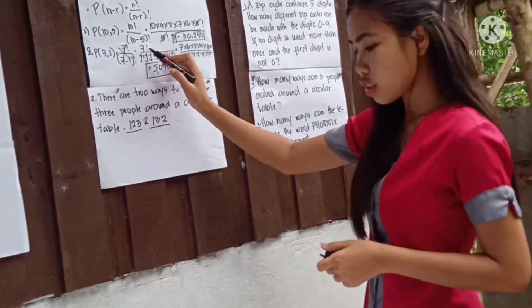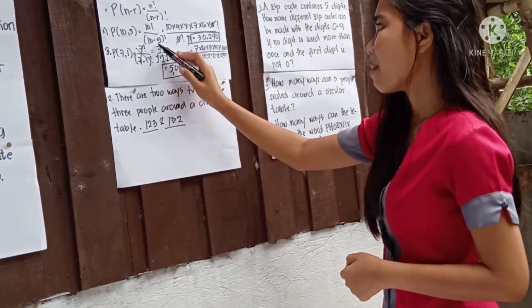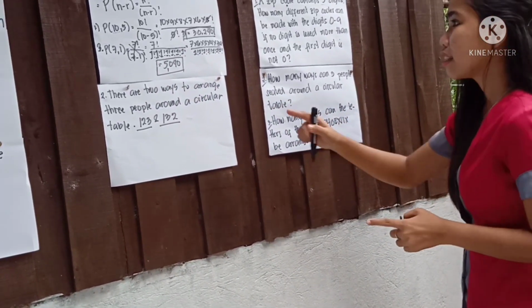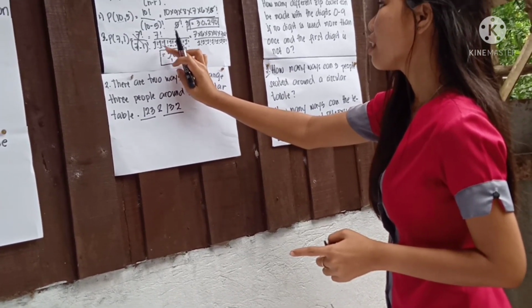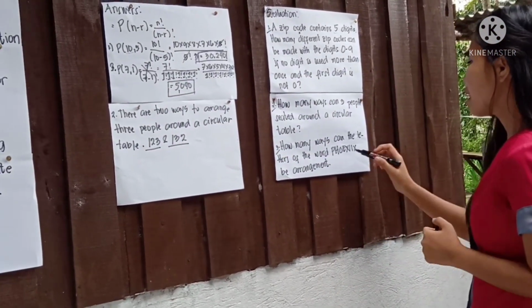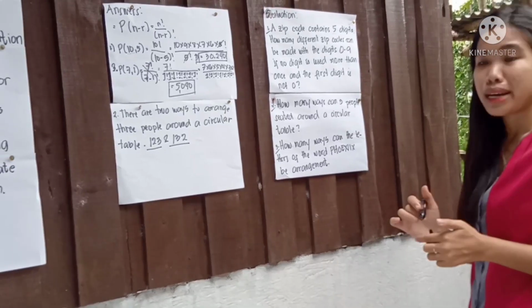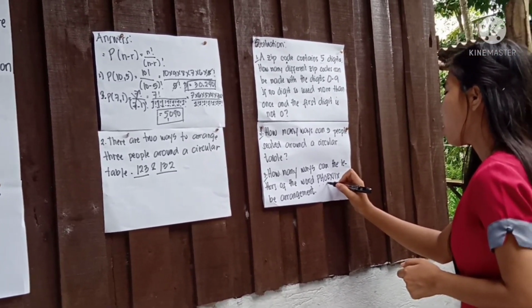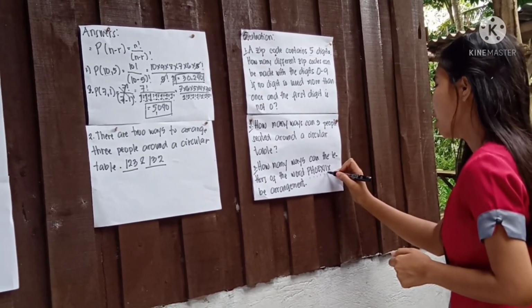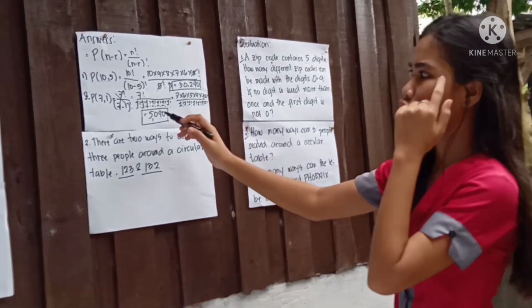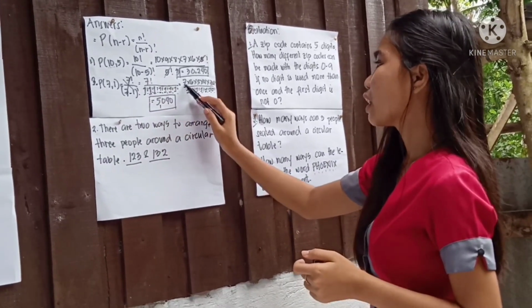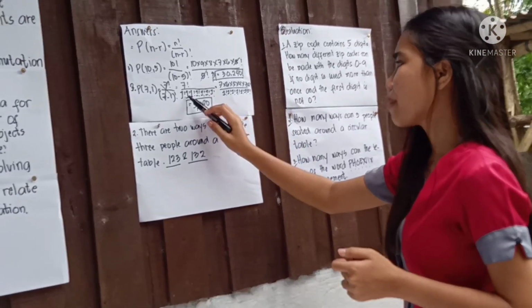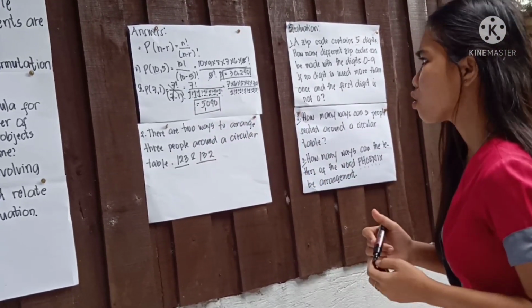So the total items in the set is 7, over 1 factorial, because there are no repeated letters: one P, one H, one O, one E, one N, one I, and one X. So 7 times 6 times 5 times 4 times 3 times 2, and then the 1 factorial denominators.